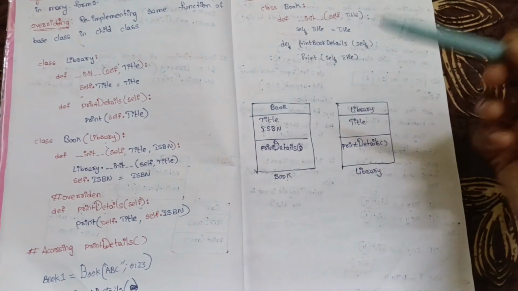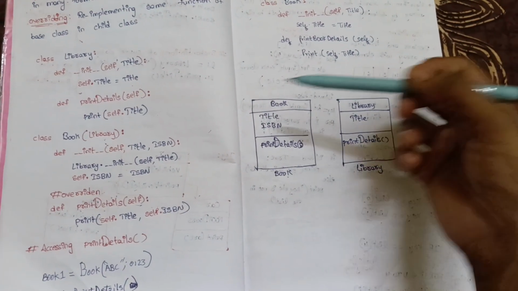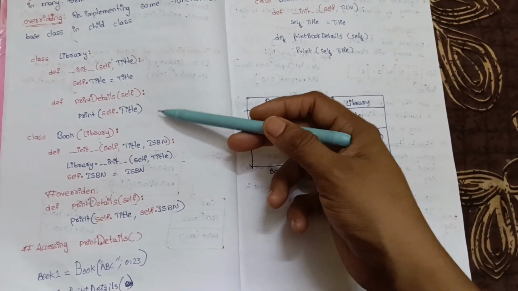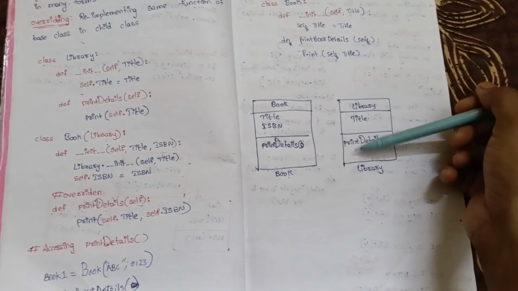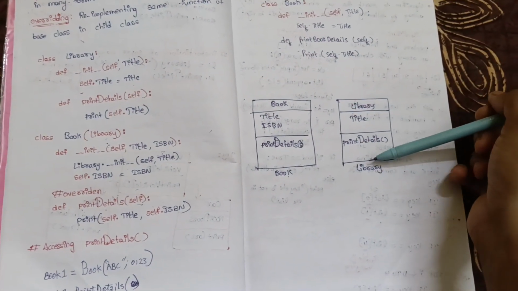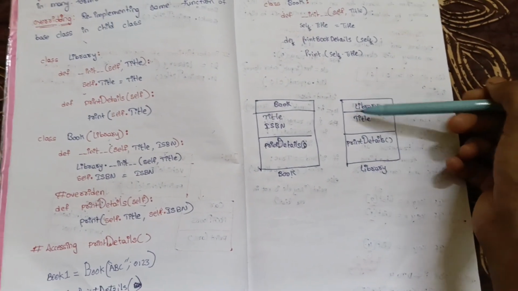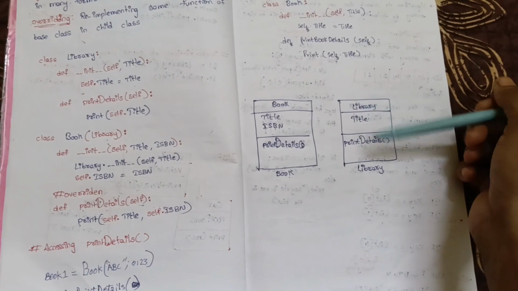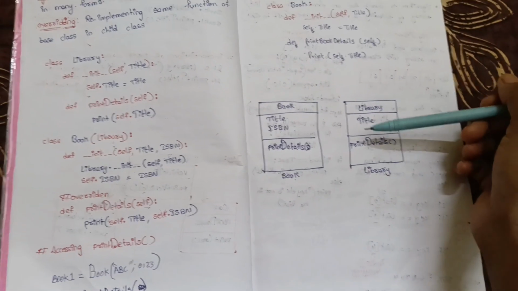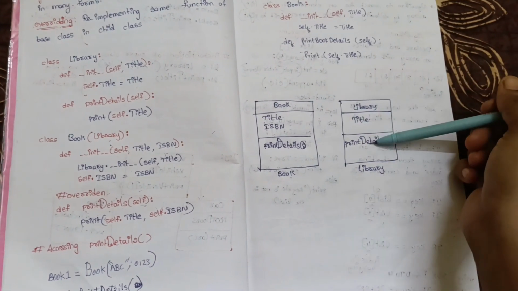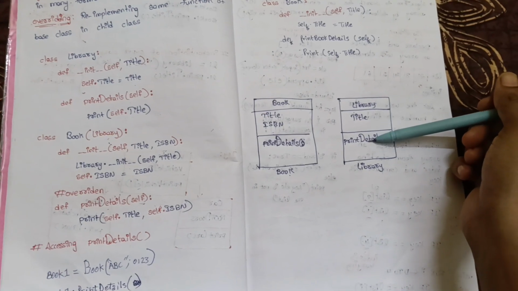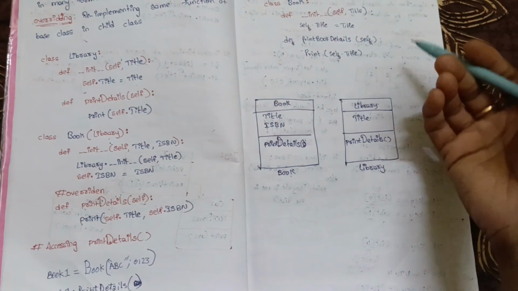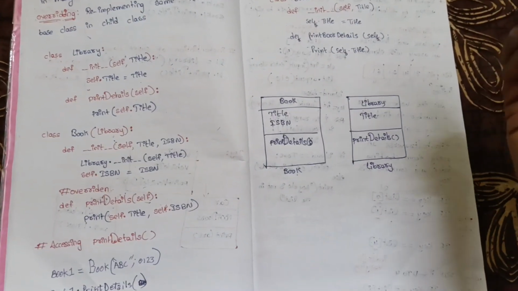Suppose you want that superclass print details function logic to be executed, then you can create the object for the Library class. Then you are able to access the function present in the superclass. Then there is no ambiguity for the system.